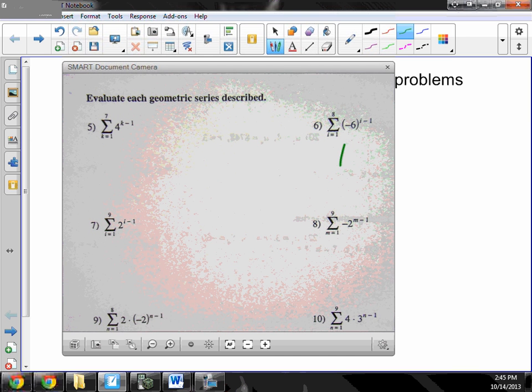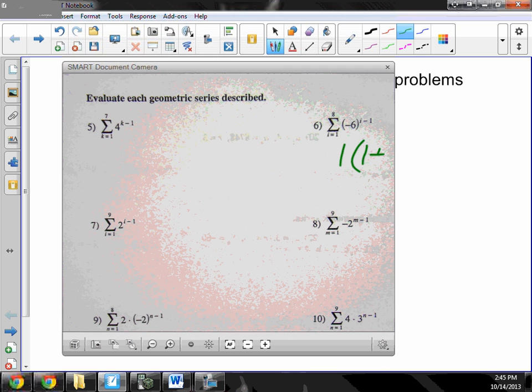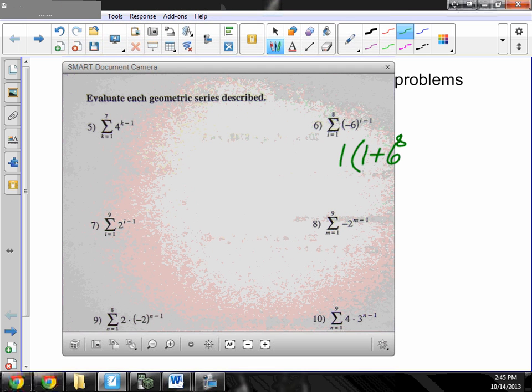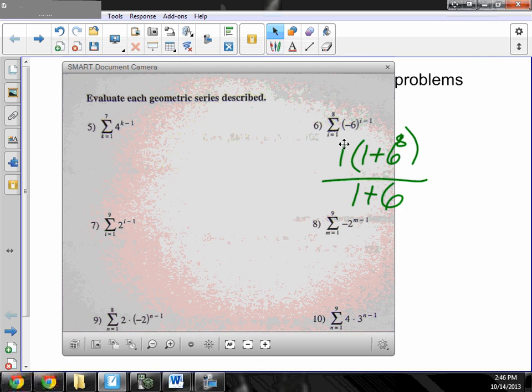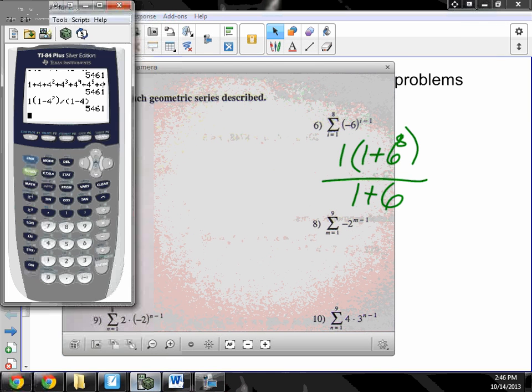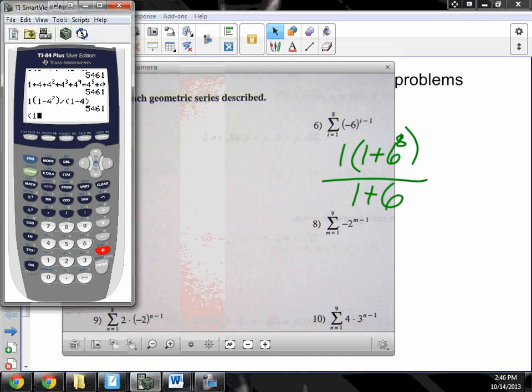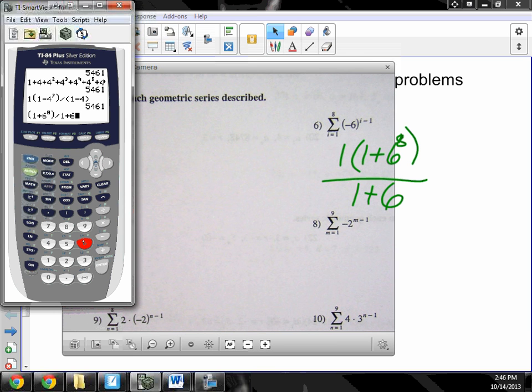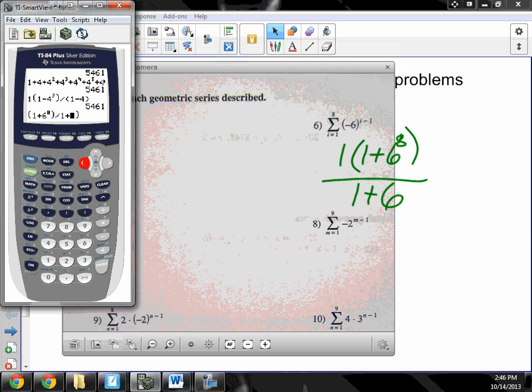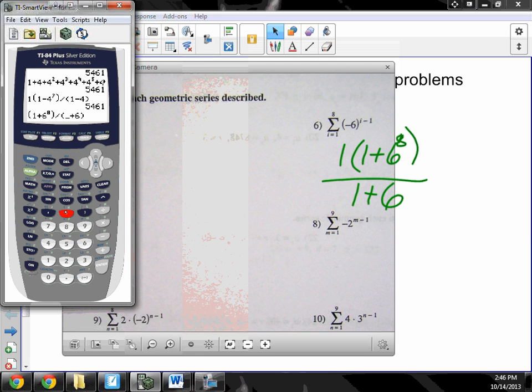So 1 times 1 plus 6 to the 8th over 1 plus 6. So I don't really need that first 1. It doesn't do anything. So 1 plus 6 to the 8th divided by 1 plus 6. Oops. I don't think it should be negative, that's for sure.